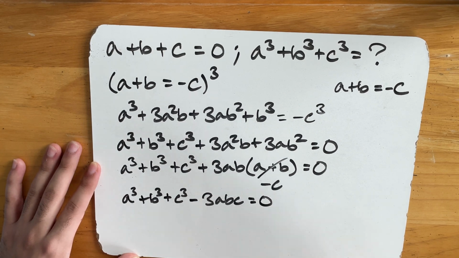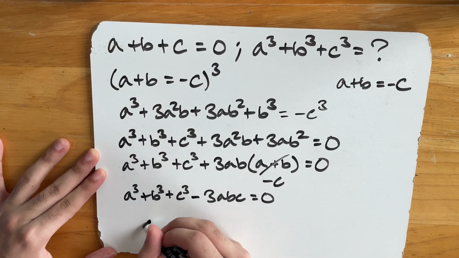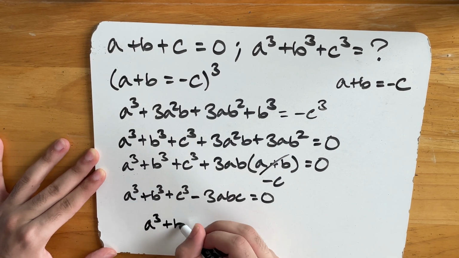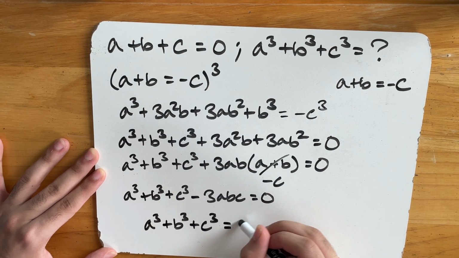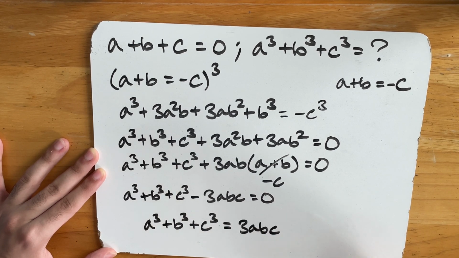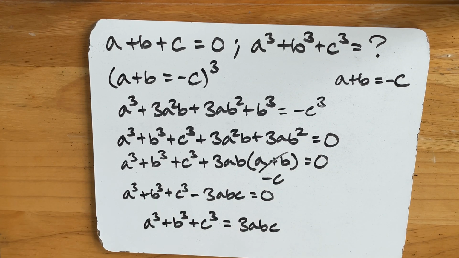And then, final thing, move the 3abc to the right hand side. So you get the final answer: a cubed plus b cubed plus c cubed is equal to 3abc.